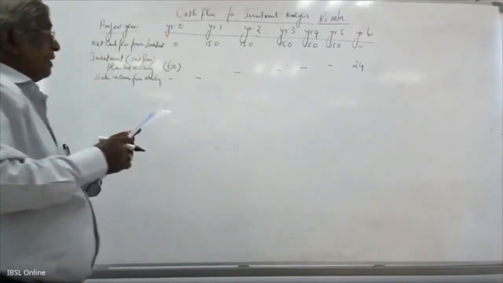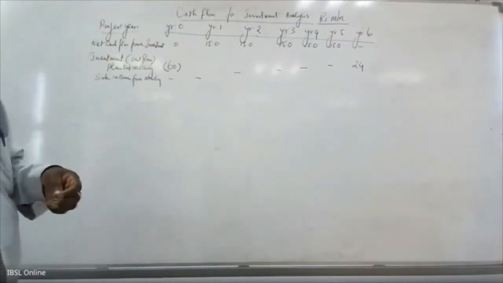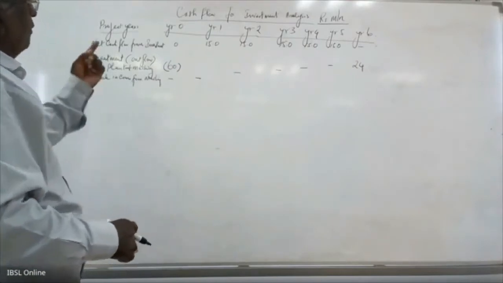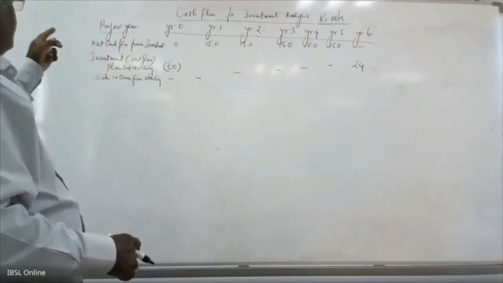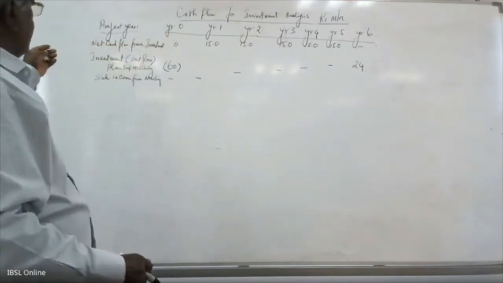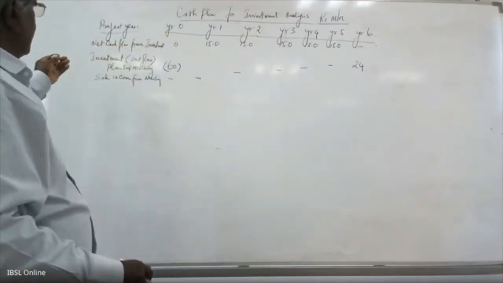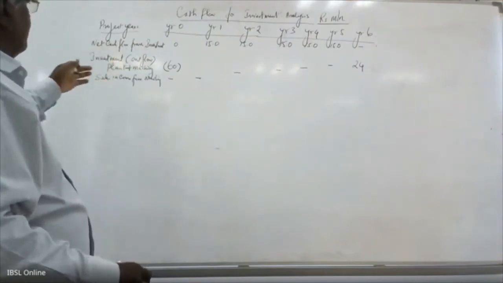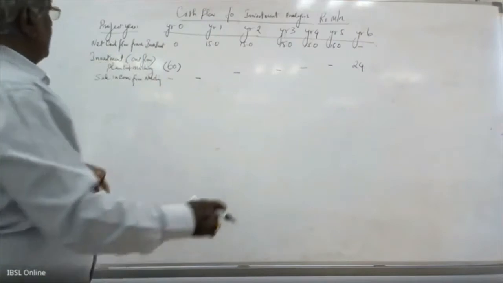Is there any other income? No. So this is the cash flow for the investment analysis. Net cash flow from the investment: we have considered investment outflow, that is plant and machinery, 60 million, and sale income from machinery, 24 million.